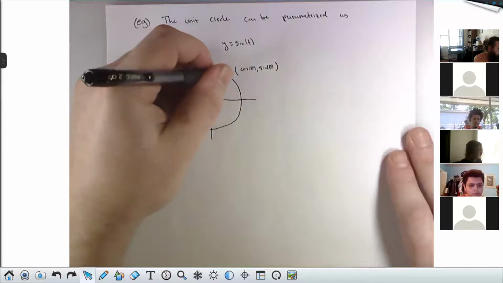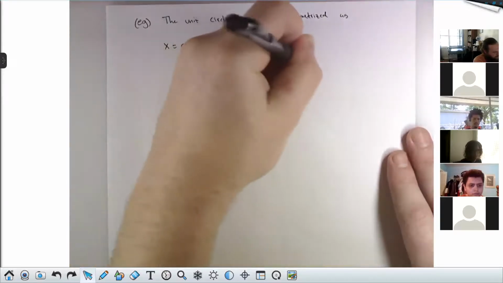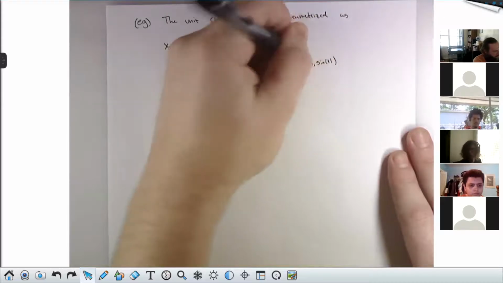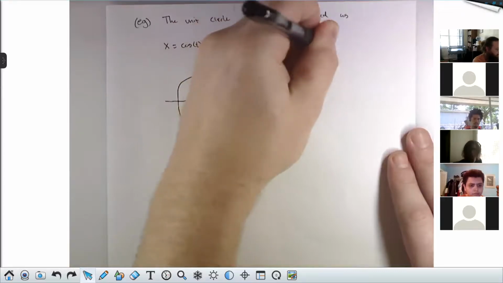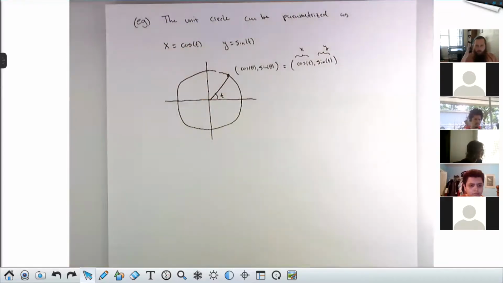You can think of the theta here as being t. Right, so this is your x, and this is your y, and this angle here would be t. So your sort of normal understanding of the unit circle really is a parametric representation of the curve x squared plus y squared equals 1.